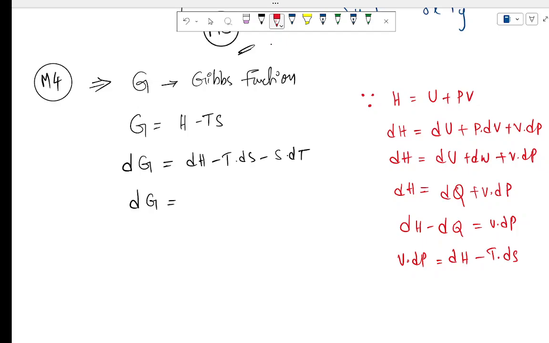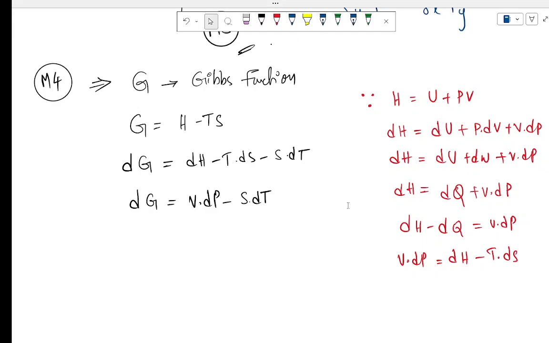This is a simple transformation of my H equal to U plus PV. So in place of dH minus Tds I can write Vdp now. So here I'll get Vdp minus s dT. So this is my expression for dG.